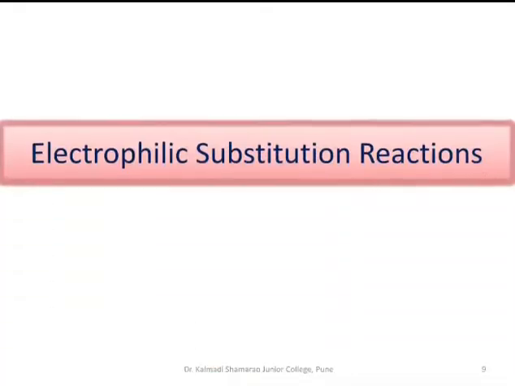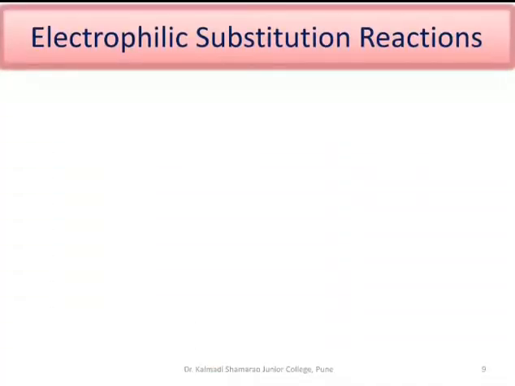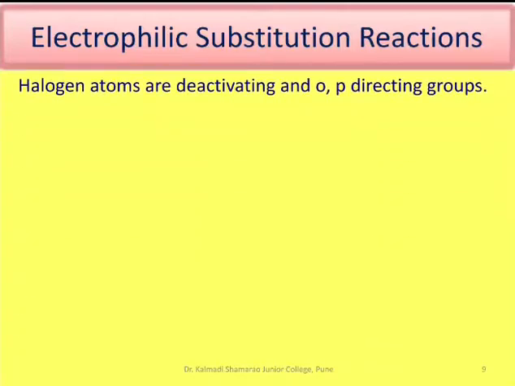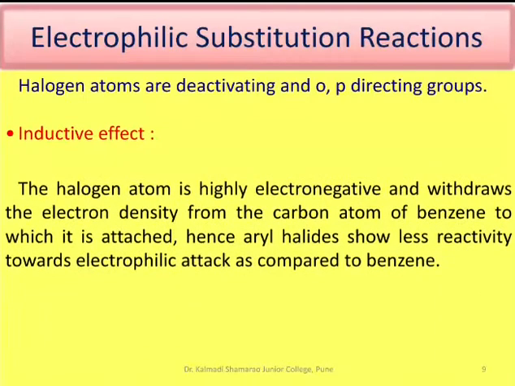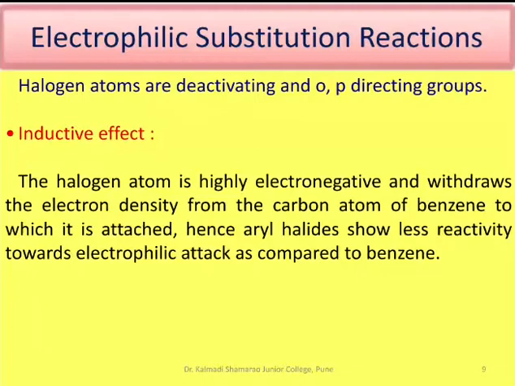Now let us discuss electrophilic substitution reactions of haloarenes. As we know, halogen atoms are deactivating as well as ortho-para directing groups. Halogen atoms are deactivating groups because of their tendency to withdraw electrons from the carbon atoms of benzene. Hence, aryl halide shows less reactivity towards electrophilic substitution reaction as compared to benzene.